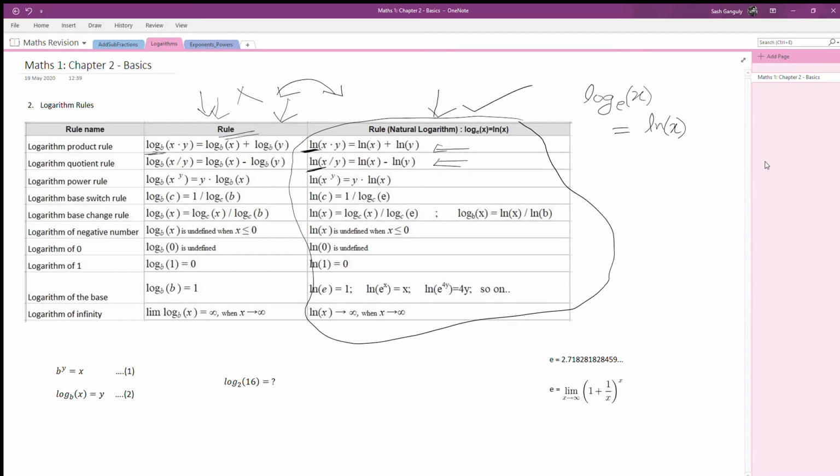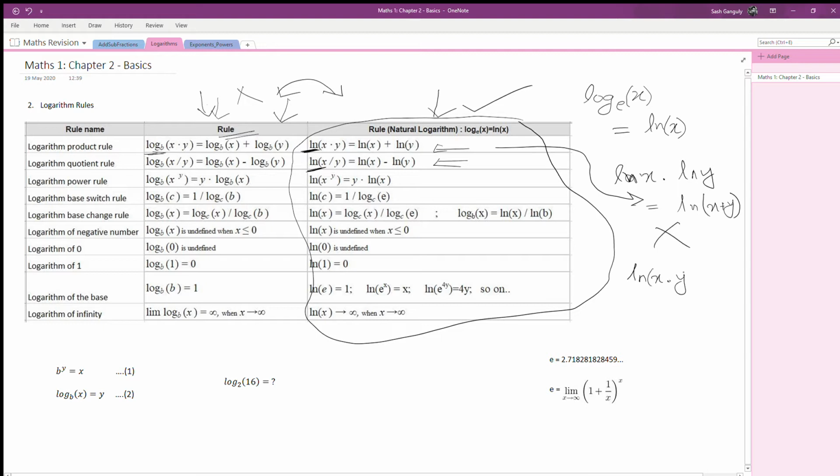Some people came to me asking: we have ln now, so would ln x multiplied by ln y be equal to ln of x plus y? Obviously, if you check the first rule, there is no such mention of this, so it is not valid.